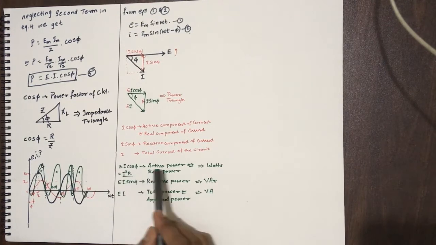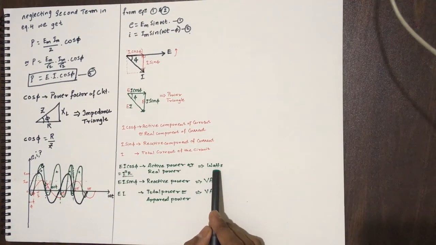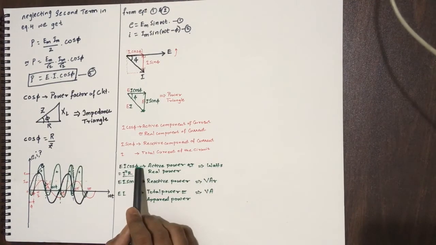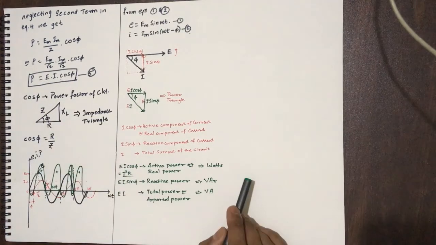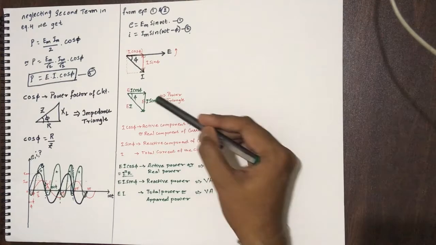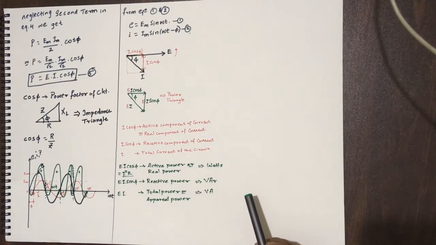The unit of this power is watts. The fundamental unit of power itself is taken here for representing the unit of the active power, that is EI cos phi. EI sin phi is the power from the source used by the circuit to store the energy.